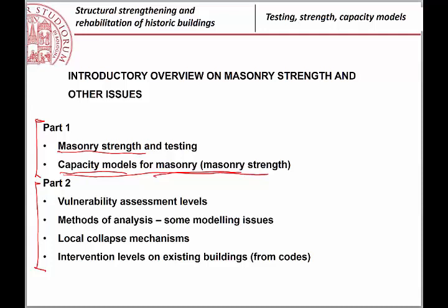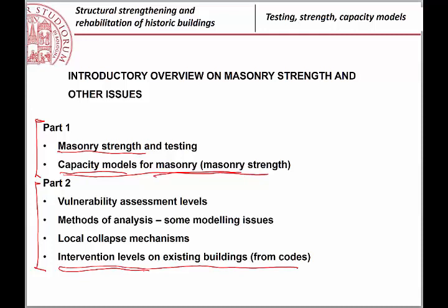Then we will close part 2 talking about the meaning of intervention level when we talk about existing buildings. Intervention level means that, especially when we talk about seismic loadings, we can just improve the behavior of a building, or we may want the building to be as safe as a new building.